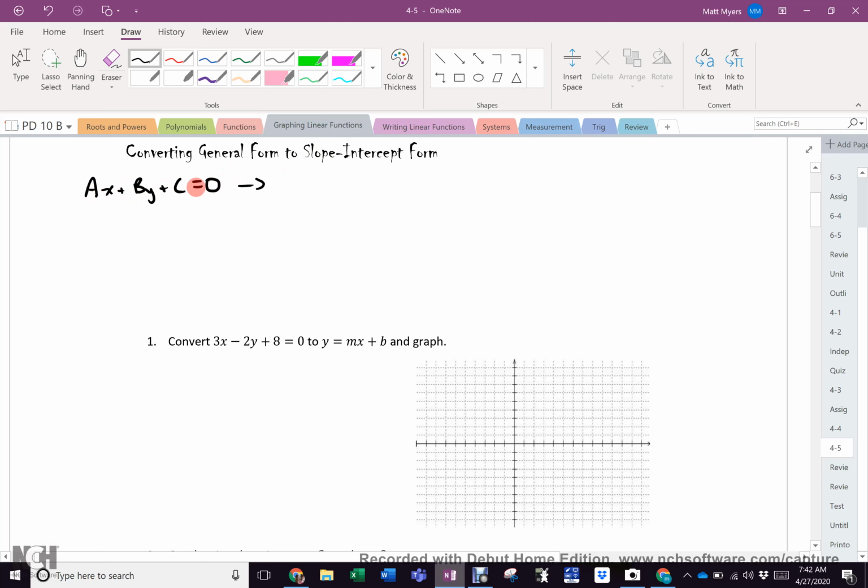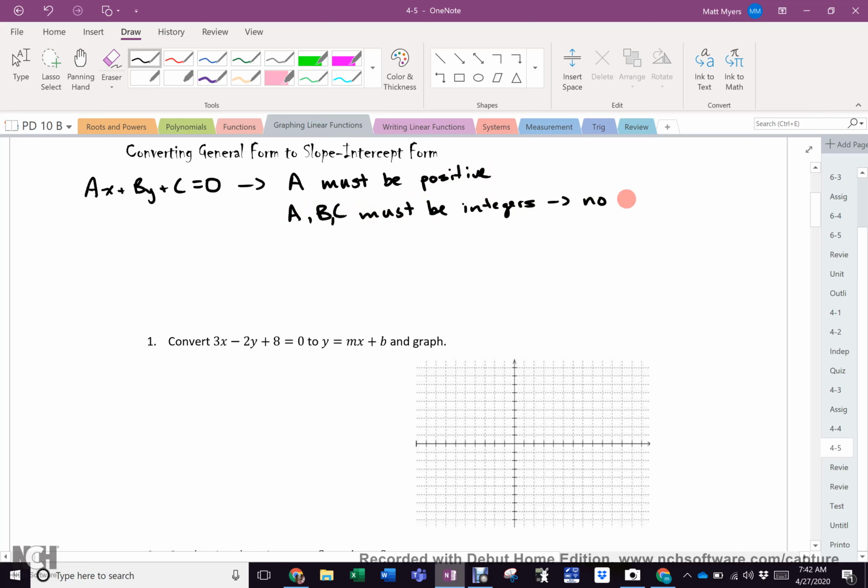So there's some rules about this, though. A must be positive. A, B, and C must be integers.